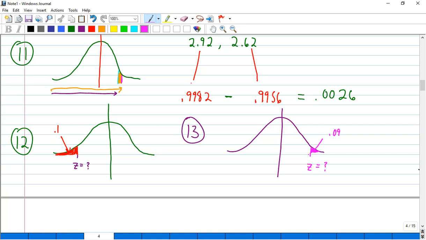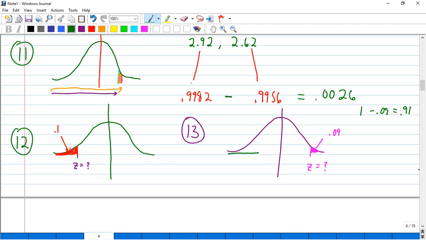The problem that we run into here is that that's not the way that our tables are made. The tables always give us the area left to right. So what I need to look up in my table, if I said 1 minus 0.09, that's 0.91.